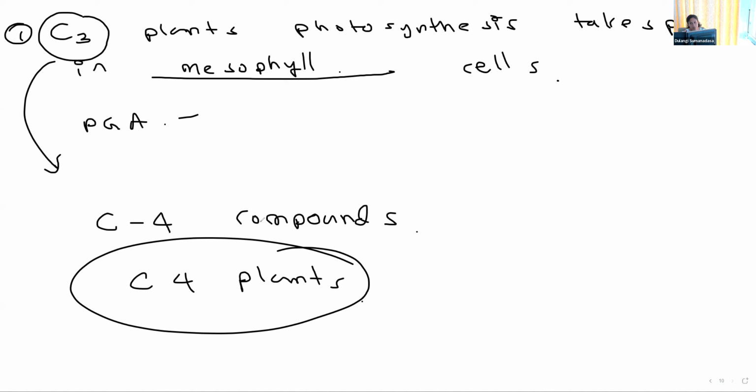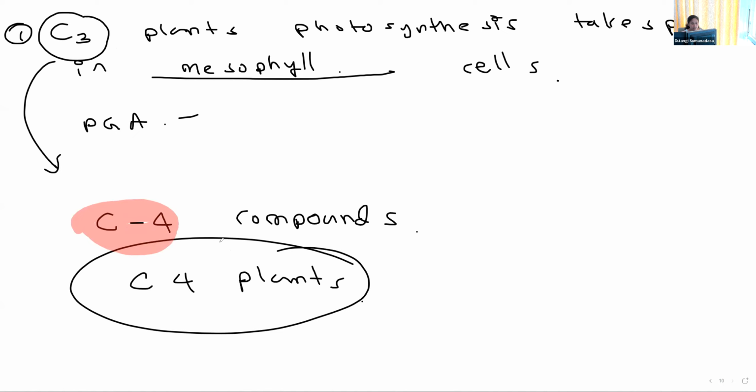Because I just drew the C3 plant leaf cross section, I'm going to draw the C4 plant cross section now. But remember, these are special adapted plants just to live in hot environments, so they are doing their best to minimize the photorespiration.